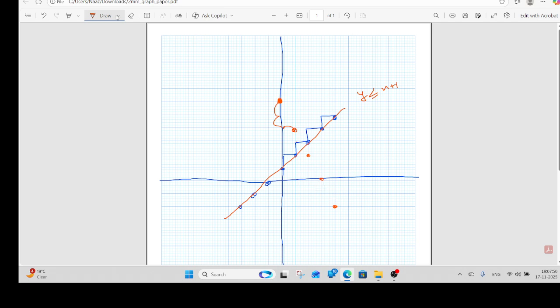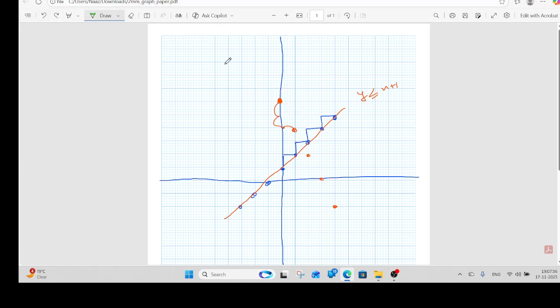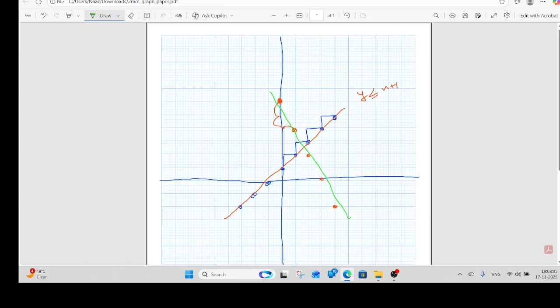Now I join this line, and I'm going to use a different color for this, and this is my graph for the other inequality. Let me see, what was that? Actually, this is my second inequality.